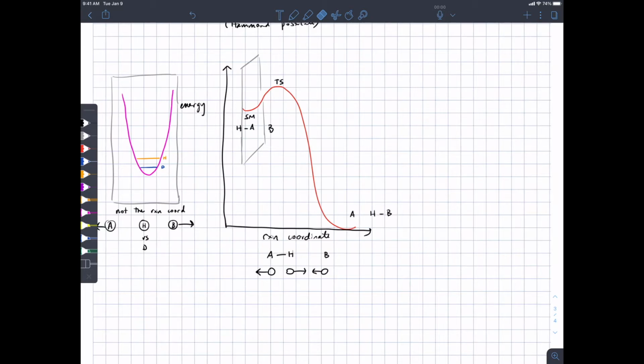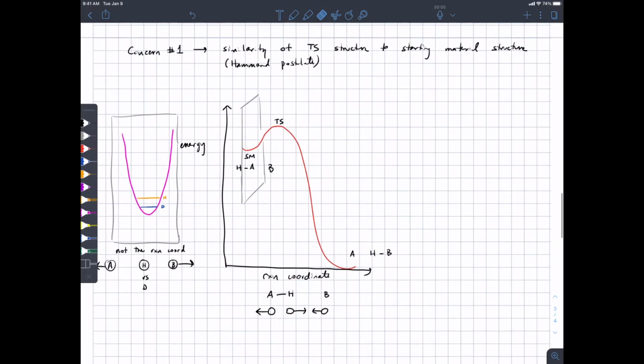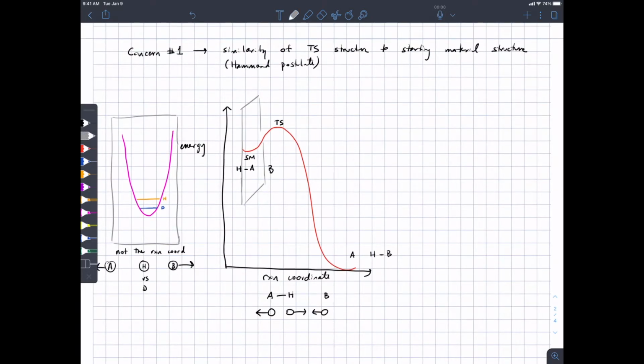All right. Now, we said that the transition state structure, in this case, because the reaction is highly exothermic, by the Hammond postulate, because the transition state and starting material are close in energy, they have to be close in structure. Okay, and therefore in vibrations.